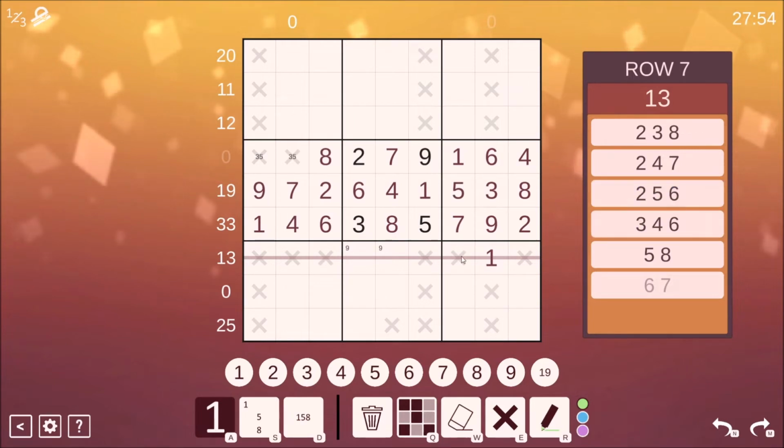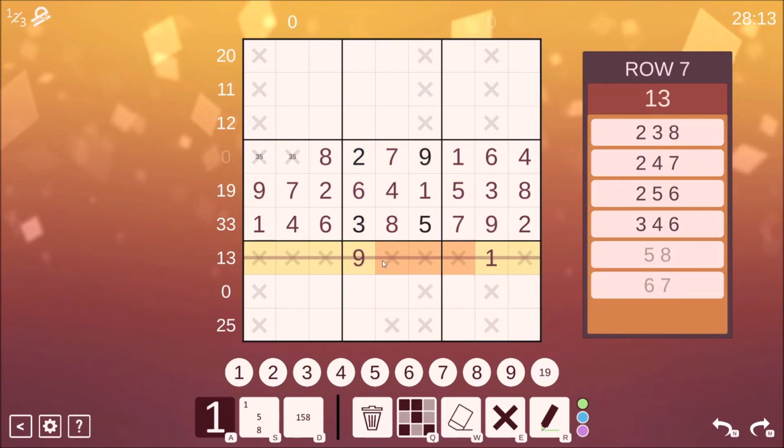So if we have a distance of 3 to travel, well, I'll get back to that in a second, but first we have these two 5s, so we actually can't have a 5, 8. So we can go ahead and place our 9, and now we do have a distance of 3 to travel.